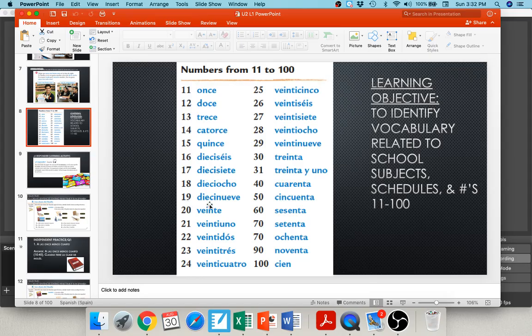So you can see these are not very difficult. You know 10 and you know 6, so it should be easy to get 16. Same thing with the others. So 11, 12, 13, 14, 15, 16, 17, 18, 19.